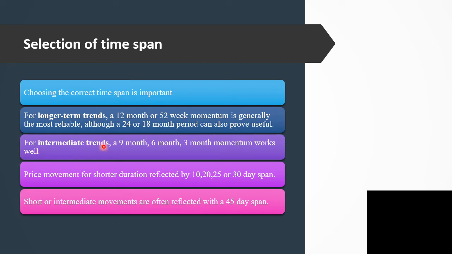For intermediate trends, a 9 month ataupun 6 month or 3 months momentum works very well. Price movement for short-term duration is reflected by 10, 20, 25 or 30-day span. Short or intermediate movements are often reflected with a 45-day span. Jadi ini adalah dia punya selection of time span lah.